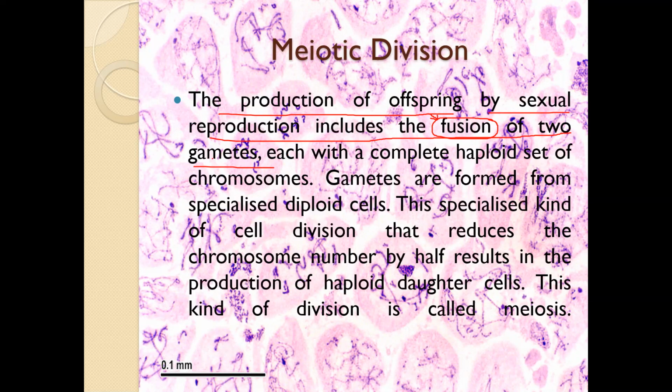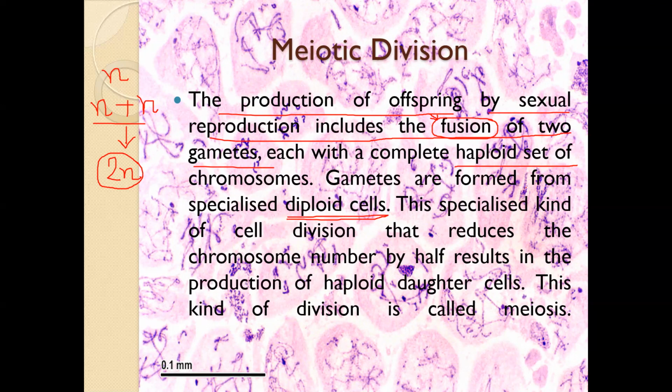That is the fusion of two gametes, each with a complete haploid set of chromosomes. Haploid means n number of chromosomes. When two cells containing n chromosomes fuse with each other, they produce a cell with 2n chromosomes. So this 2n cell is the diploid cell.